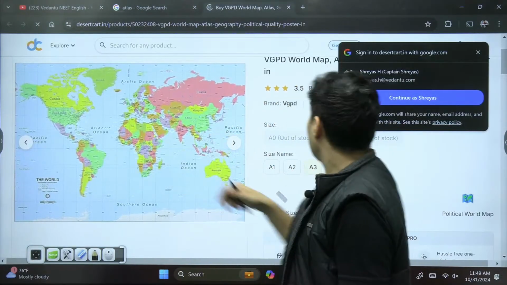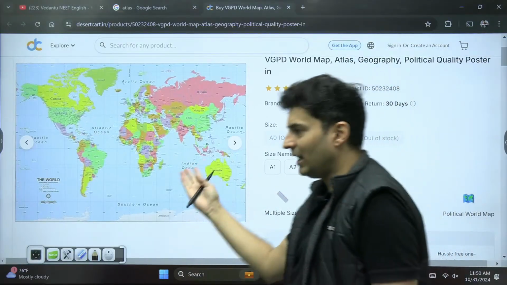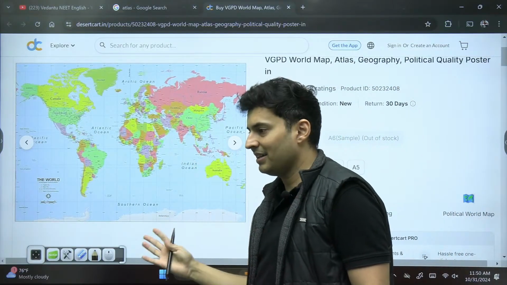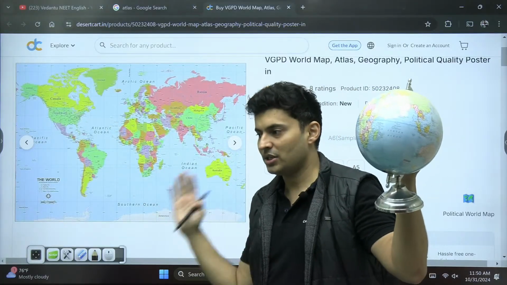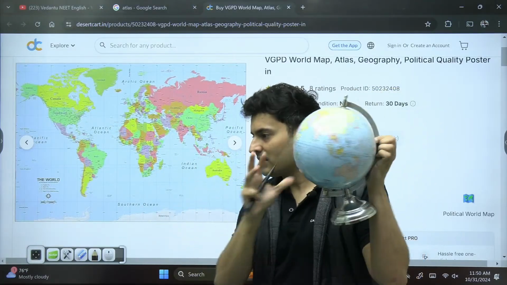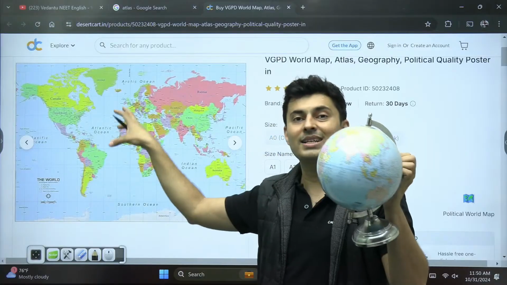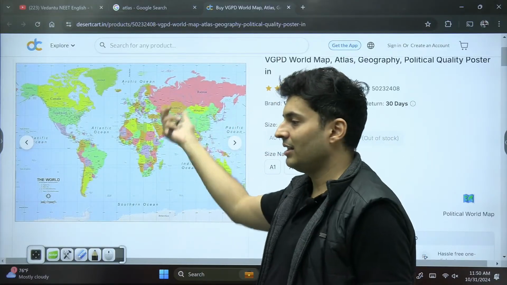But does that mean that the earth is flat? This is just a representation of whatever is there on a 2D dimension. This is 3D, this is 2D. This is just representing it. You don't have to take it literally.